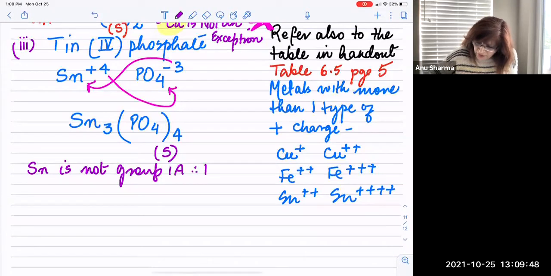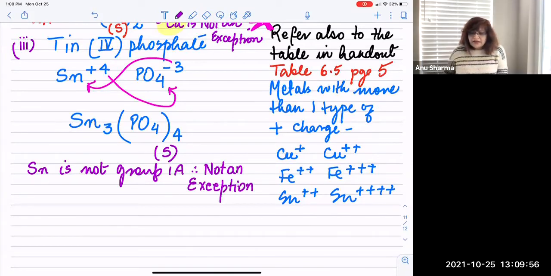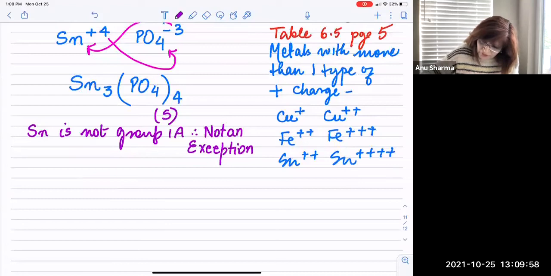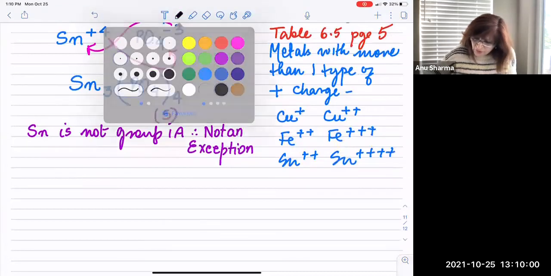Therefore, not an exception. So that is why it is going to be insoluble. Okay. And so next, let's look at a few more.